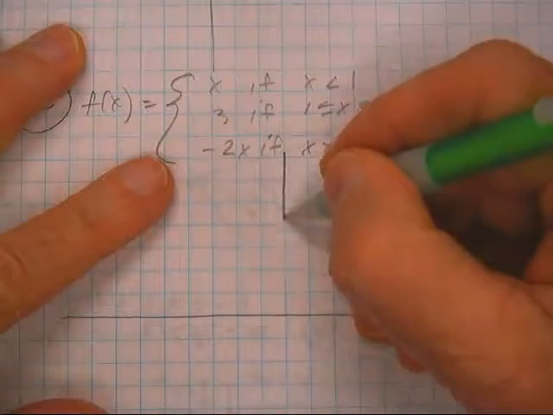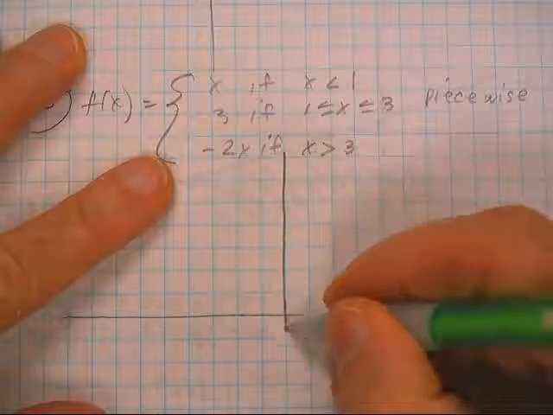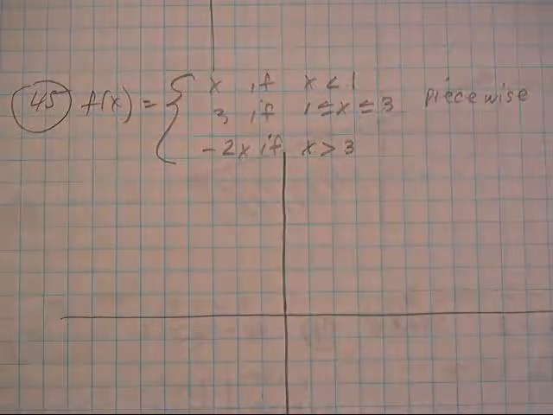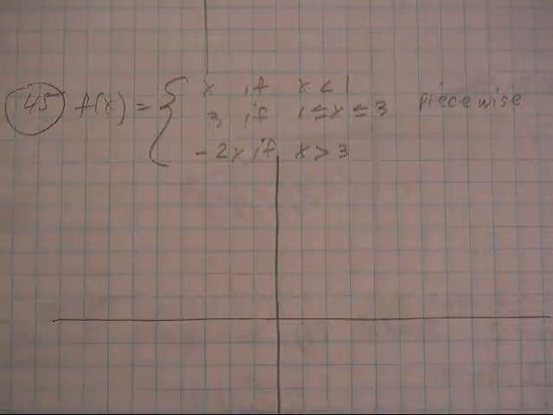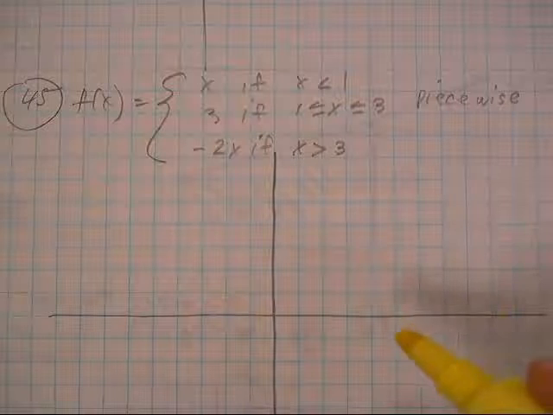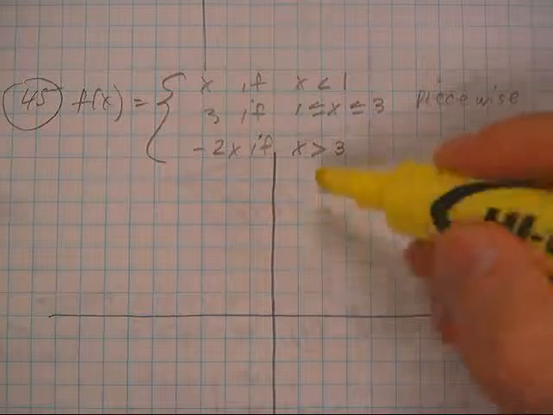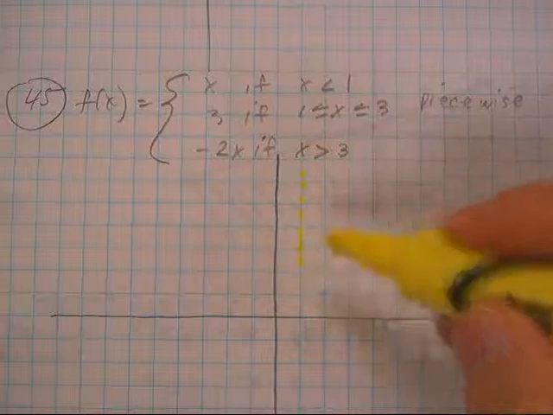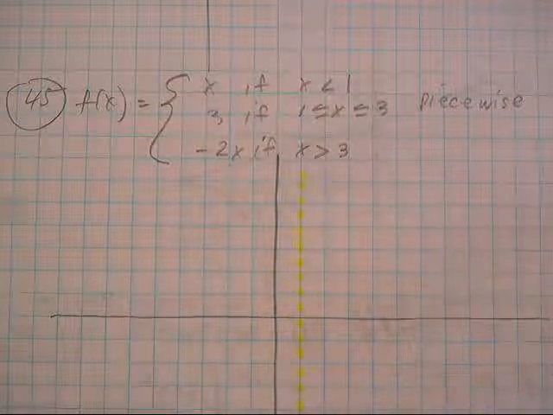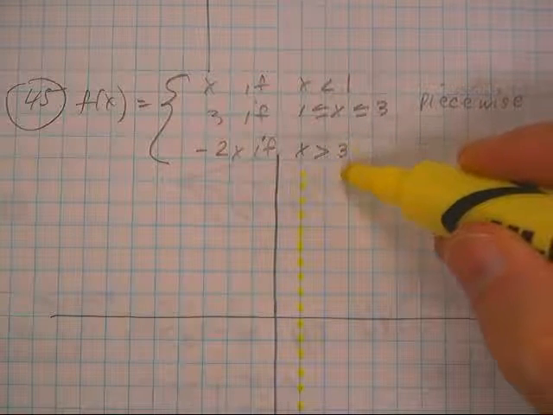So when you go make your XY axis, let's find a highlighter. There's one. We want to pay attention to where right here x is 1 on this vertical line, and x is 3 on this vertical line.